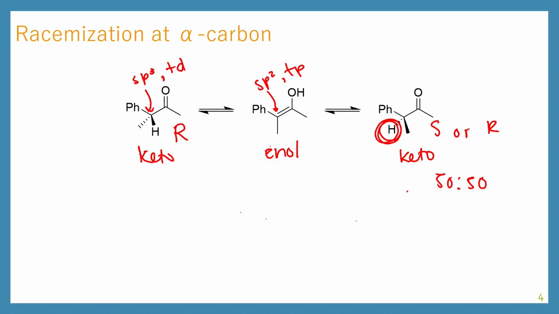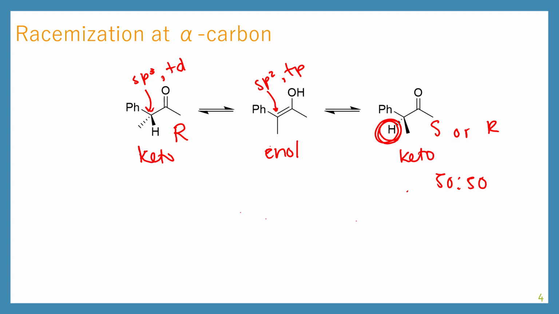This is not a reaction I can test you over exactly. But when we talked back in chapter 6 about how there are some drugs that we are given as pure enantiomers, such as naproxen sodium, because one version of naproxen is helpful and the other one happens to be a toxin to our liver, there are other drugs that we are given as a racemic mixture, such as ibuprofen.